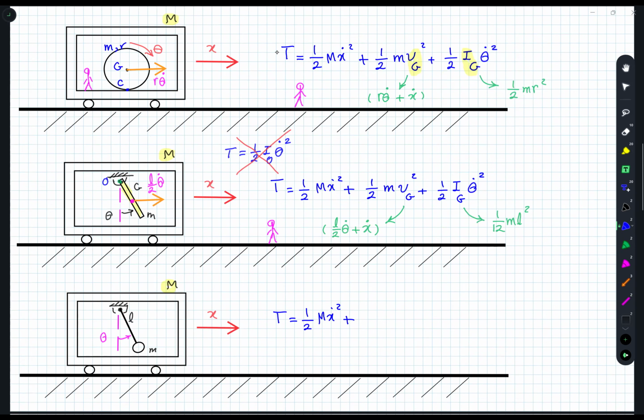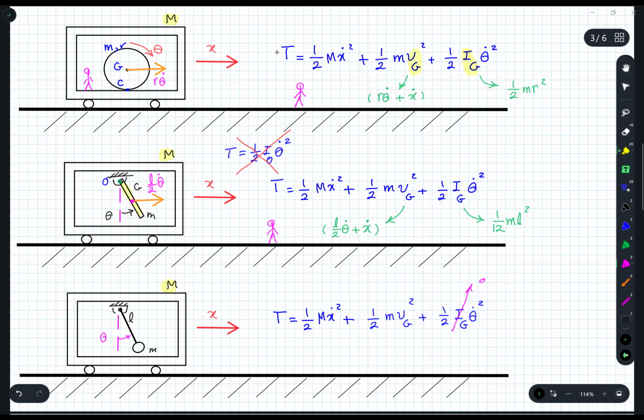And continuing with the same scenario, half of m Vg squared, and of course, if I write the Ig, our standard relation, theta dot squared, we know Ig is 0, because here I have just a concentrated mass, and point G, which is the centroid of that mass, doesn't have any moment of inertia.